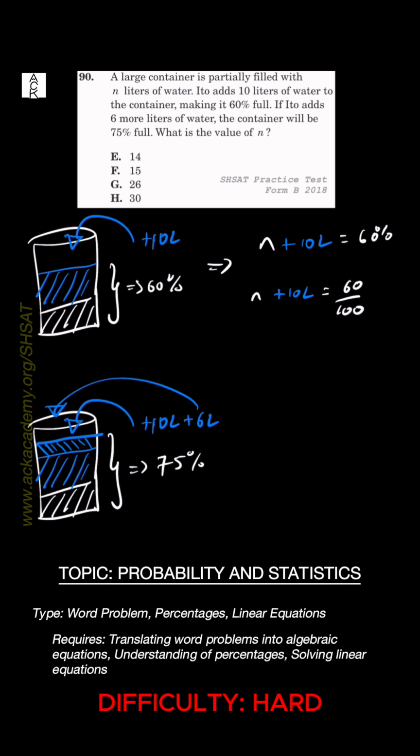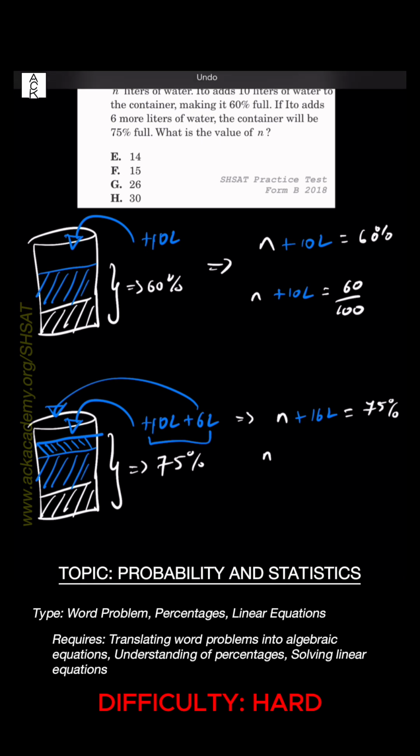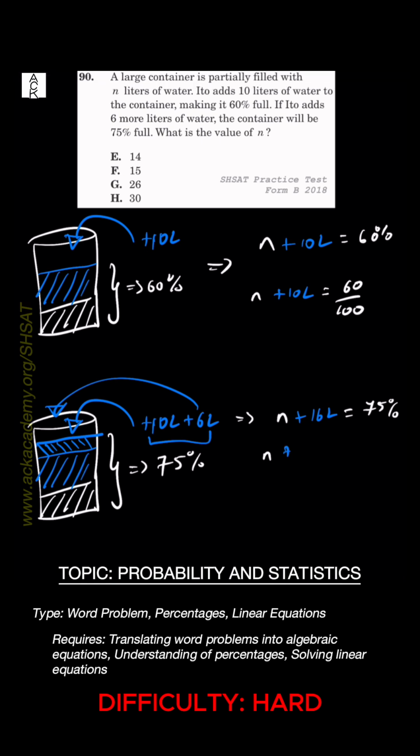So now we have the next equation, which is n plus this situation, 10 liters plus 6 liters, 16 liters, is equal to 75%. This means n plus 16 liters is equal to 75 over 100.